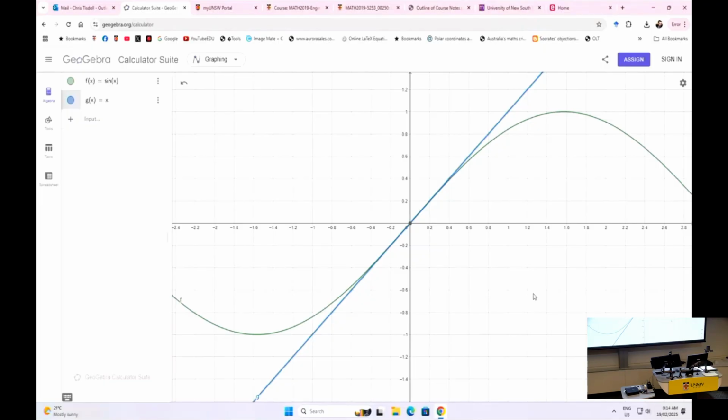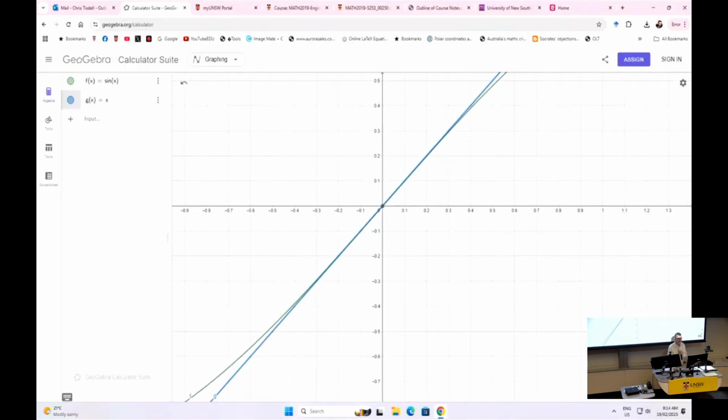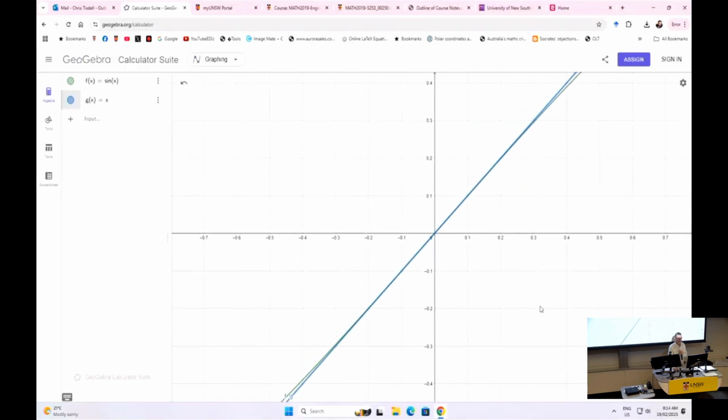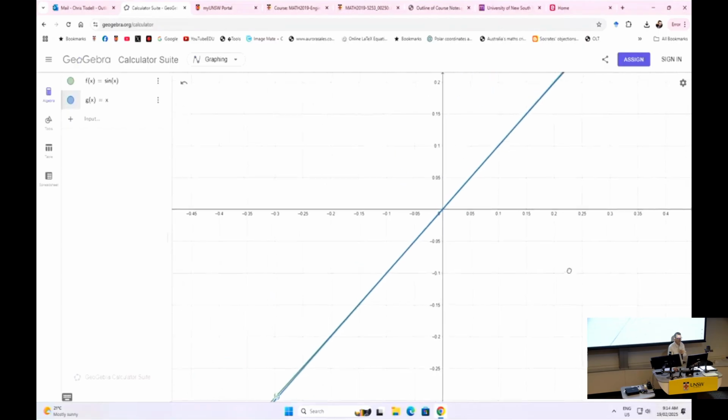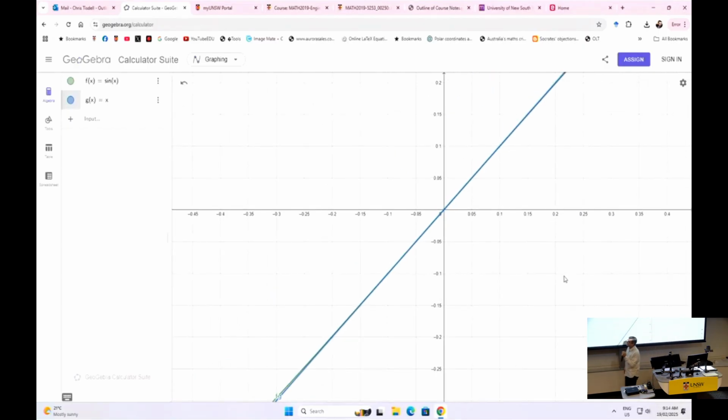So for these values of x, let's say between -1 and 1, it seems reasonable, right? What happens if we keep zooming in? There's not much difference between the two graphs, right, on that picture. I've got glasses on, I still can't really tell them apart, right?